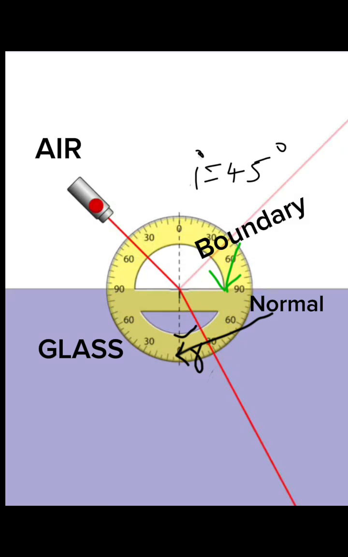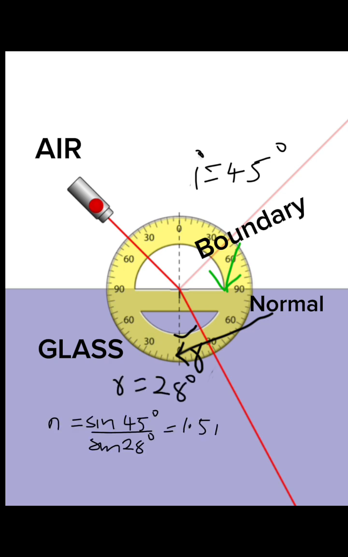If we measure like this, we see 10, 20, 25, about 28 degrees. So we do sine 45 divided by sine 28, and that gives us 1.50 or 1.51, approximately 1.51. So what are we learning? The refractive index of this glass is 1.51.